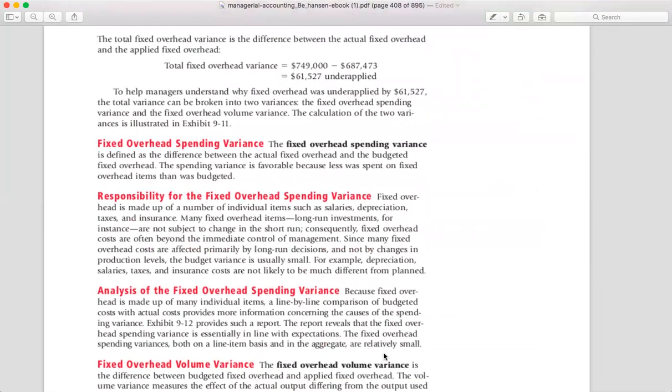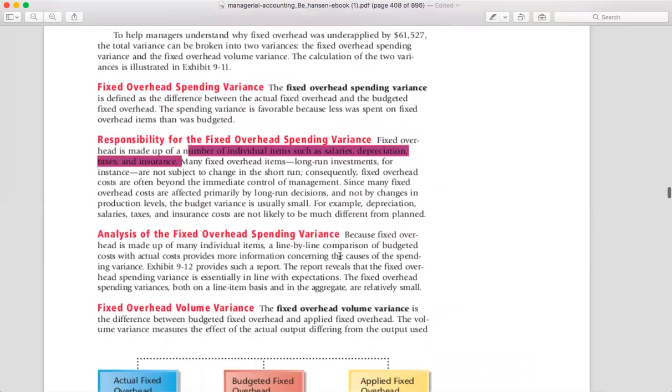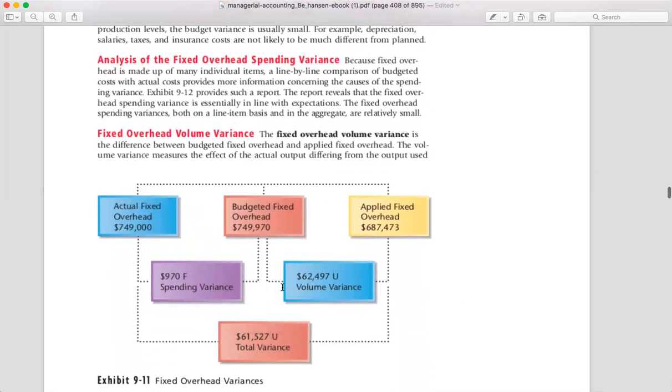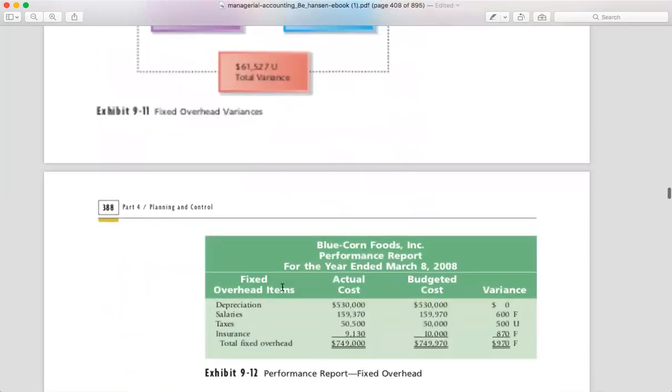So who's responsible? Management. It's a number of individual items, such as salary, depreciation, and insurance in this part. This is related to long run investment. This is the calculation based on the information before.